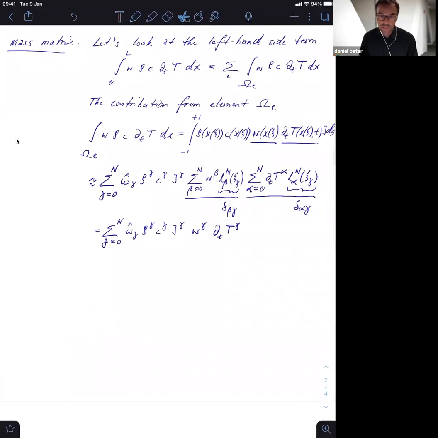That's for each element that we're going to map into a reference element. Now this, what we wrote down, is the local contribution from that element. So keep that in mind. This is the local contribution in element gamma E.